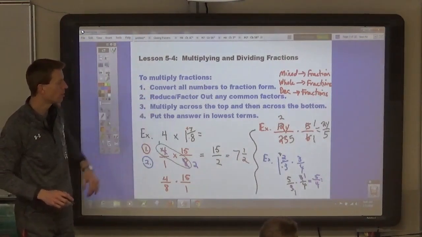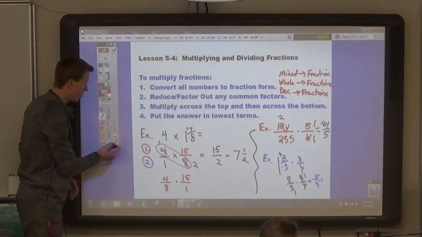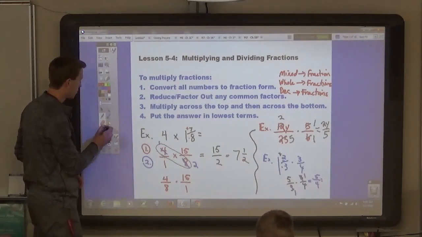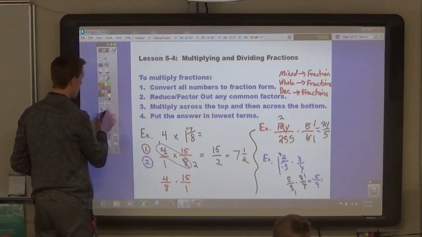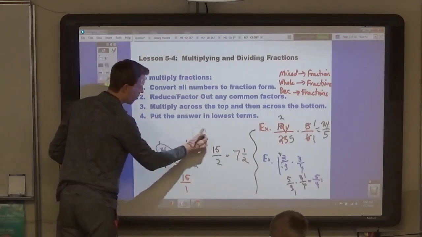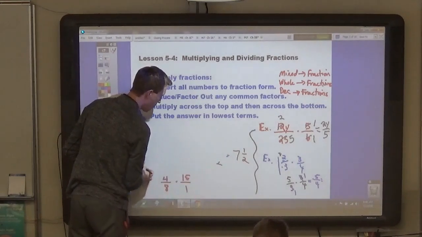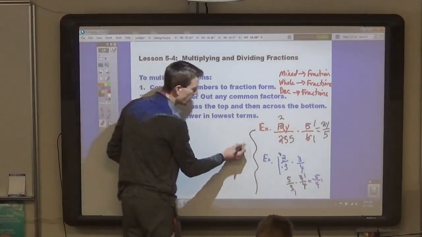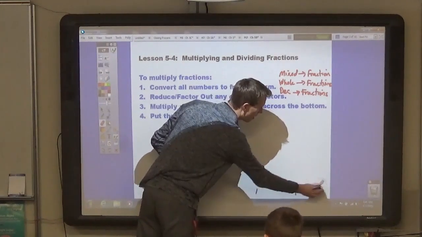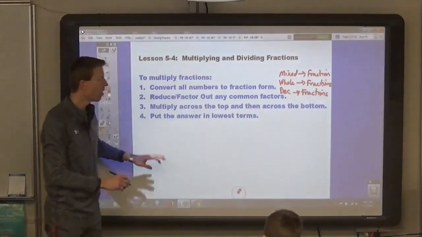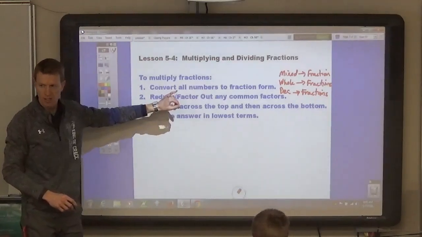First of all, when you're multiplying fractions, you have to convert all the numbers to fraction form. The first thing you have to do to multiply or divide is to rewrite all the numbers as fractions.